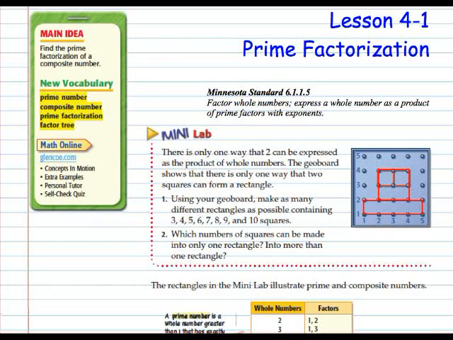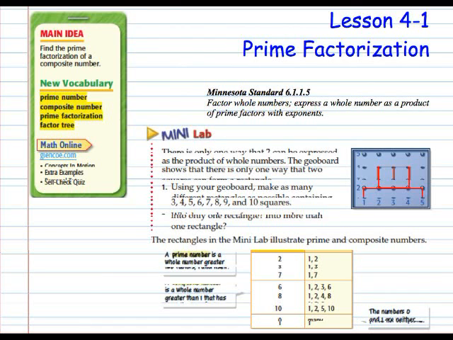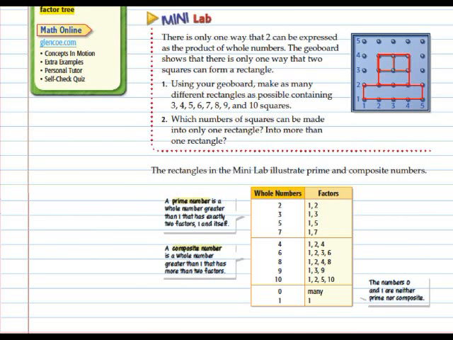If we go down to this list of whole numbers, the numbers in the top list are the prime numbers. And you can see that you can only make 1 rectangle from those. The others are composite numbers.